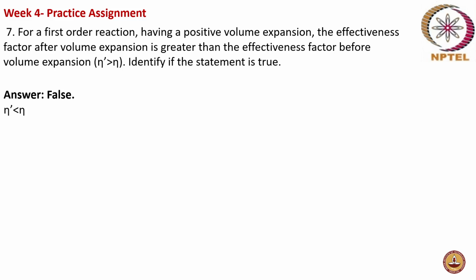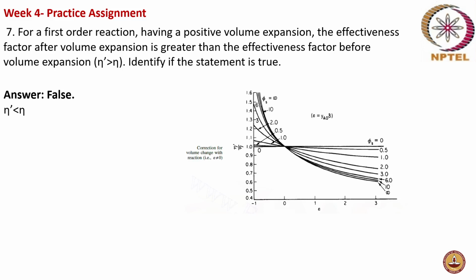It is actually that the effectiveness factor after the volume expansion is less than that of the effectiveness factor without the volume expansion. How? If we look into the graph of eta prime by eta against volume expansion, we can see for various Thiele modulus values, for a negative value of epsilon, eta prime is greater than eta.